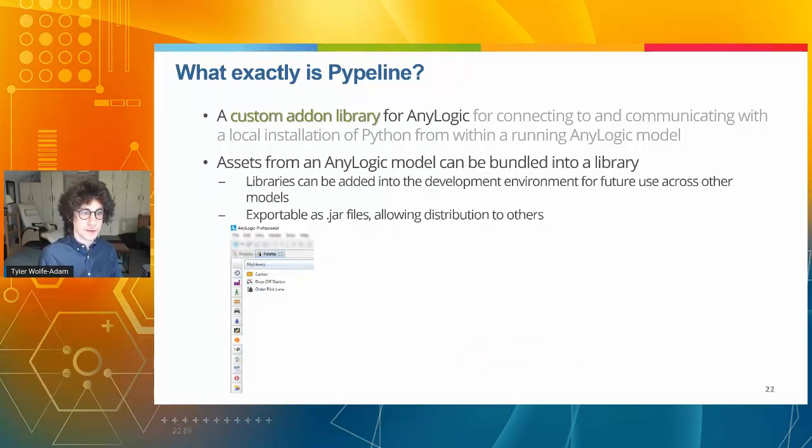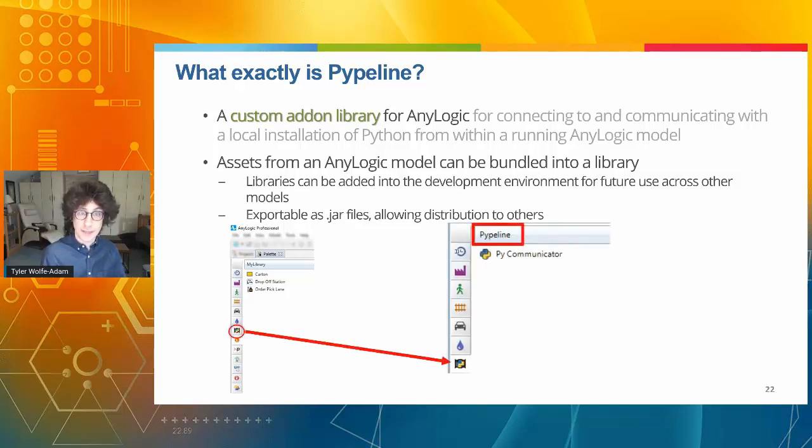The benefit of this is that it allows you not only to reutilize these assets that you've created, but also to distribute them to others if they want to use them as part of their processes. So that's exactly what Pypeline is. It's this add-on library, which you can add to your AnyLogic environment. And it comes with one object called PyCommunicator, which is how you interact with Python in your simulation model.